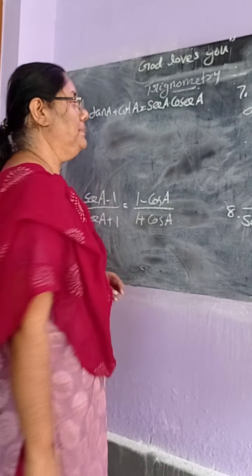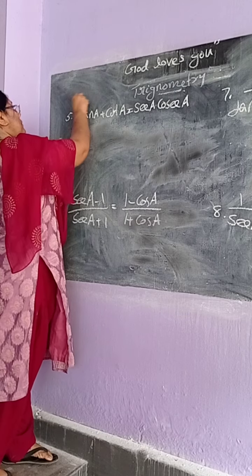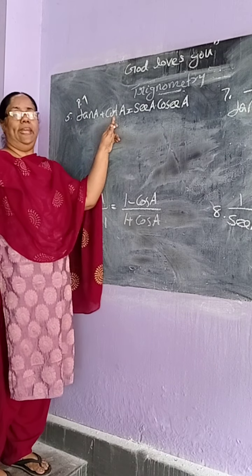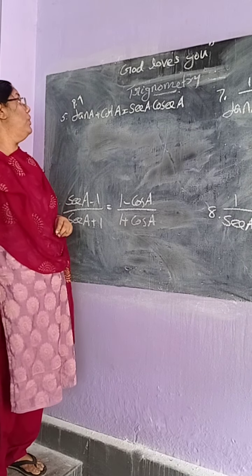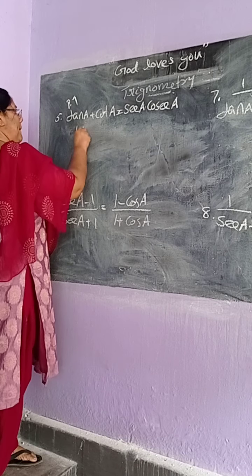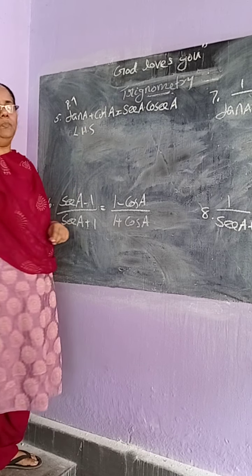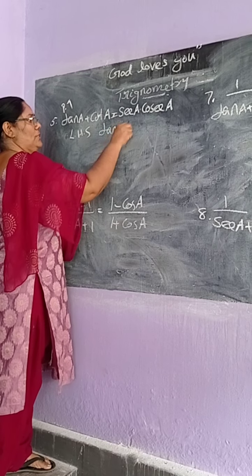Write the fifth question. Prove that tan A plus cot A is equal to sec A cosec A. Here also take the LHS. What's the LHS? Tan A plus cot A. Repeat that.